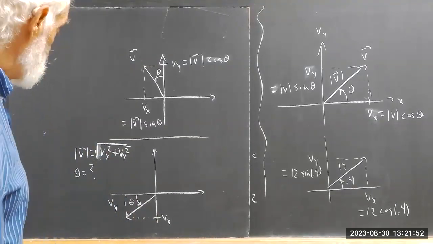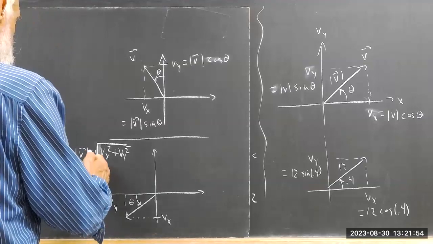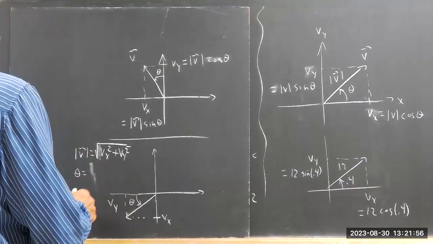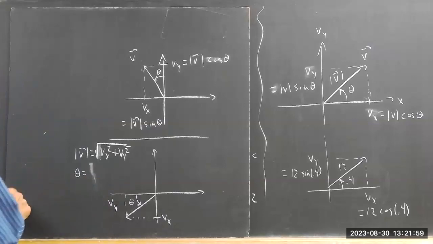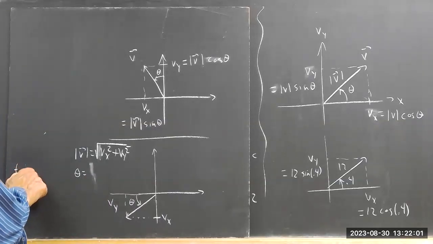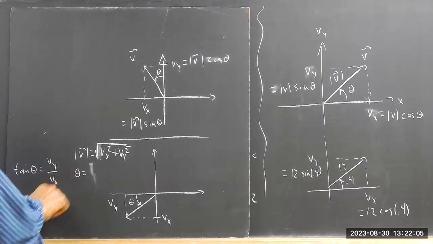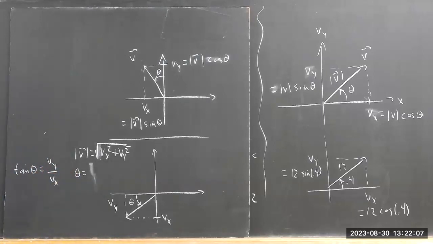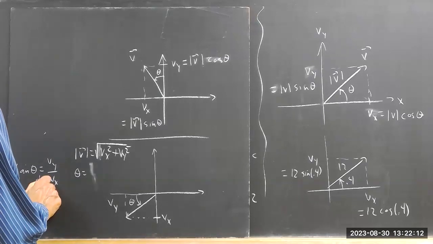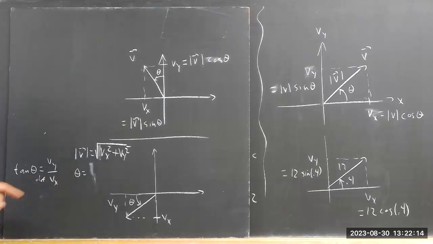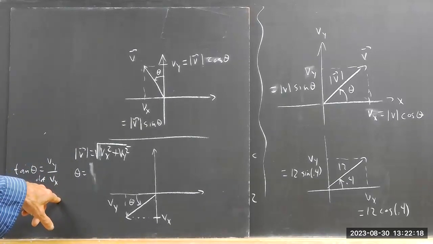Okay? Theta. Well, let's write something here. Definition of the tangent of theta is Vy over Vx. Okay? I'll put the abbreviation DEF down here. Not that it can't hear, that that's the definition of the tangent. Okay?